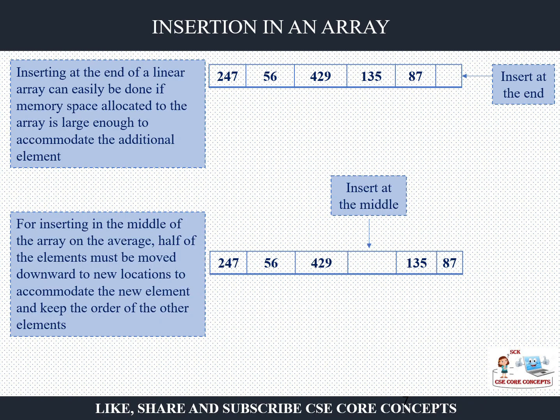But assume that I want to insert an element in the middle of the array, let's say at the third position. What I have to do is shift the elements after 429, that is 135 and 87, by one position to the right so that I can create a space at the third position where I can insert the element.